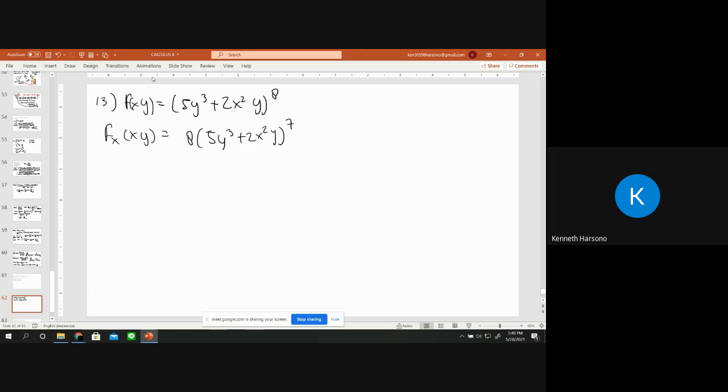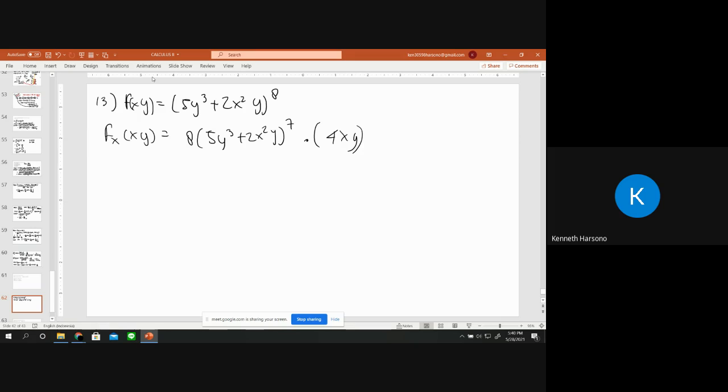You minus the power first, then you derive the one inside the bracket, right? It's a chain rule, right? So in here you just have to derive the one with the x, which is this one is gone, so 0 plus x, or xy, so something like this. Is it so?